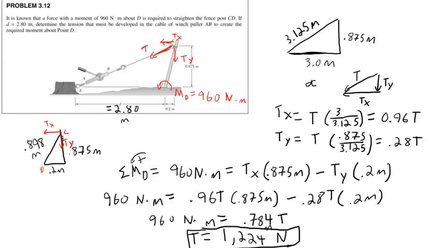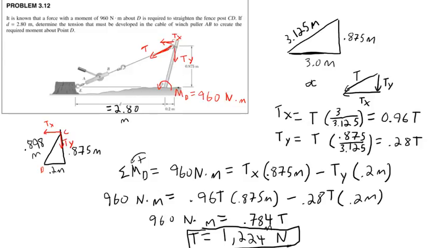Shouldn't both the tension forces be counterclockwise? We are breaking them apart into two different forces. That's what you need to be considering. This one, Ty, is causing it to rotate clockwise. Look at this force here. It's causing a clockwise rotation.